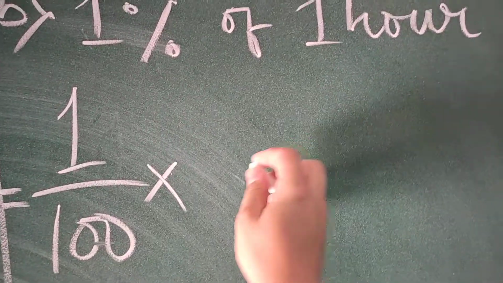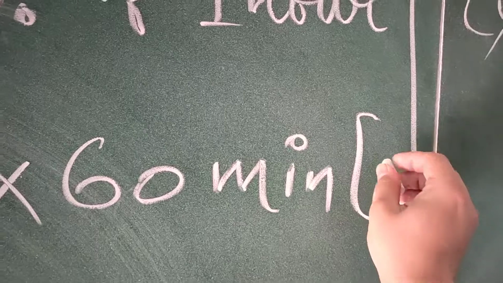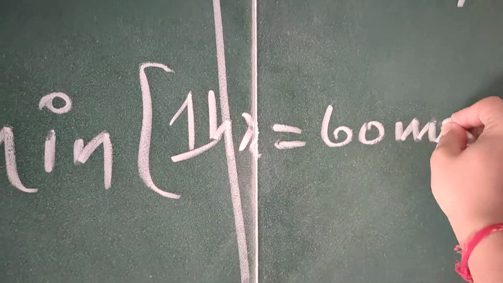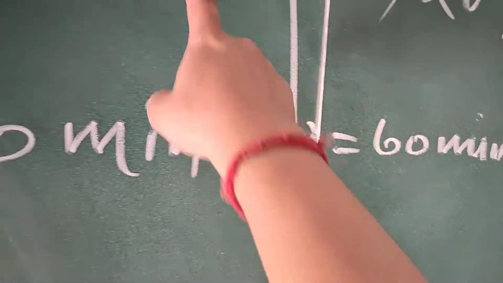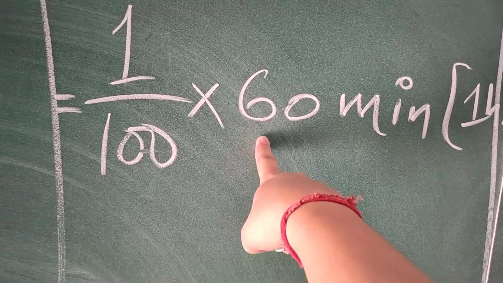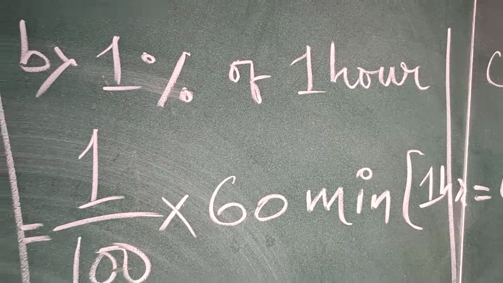So we will convert into minutes. That is 1 hour can be written as 60 minutes. So in place of 1 hour, I put 60. Why? Because I am converting 1 hour into 60 minutes.